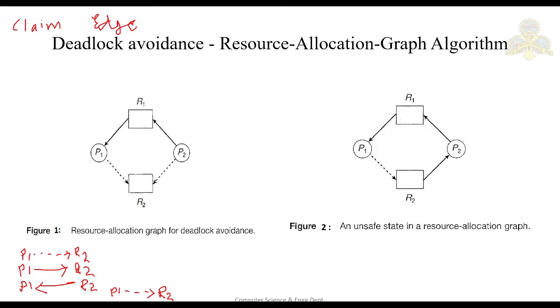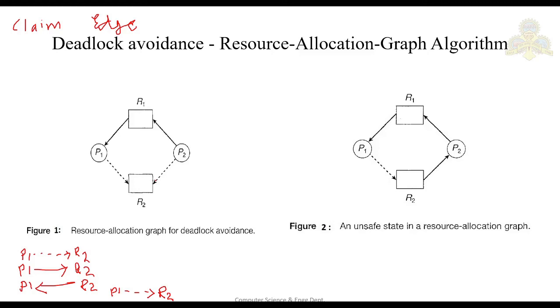Okay. So whenever a process makes a request to a resource, the operating system checks if it can allocate the resource to the process. And whenever it allocates the resource to that process, your operating system first checks whether it causes any deadlock.